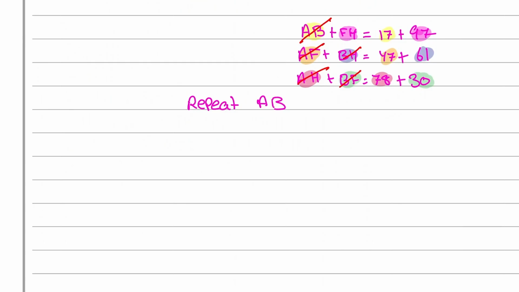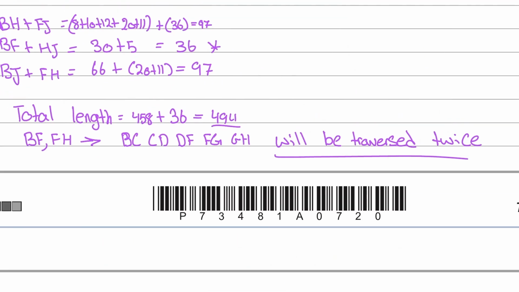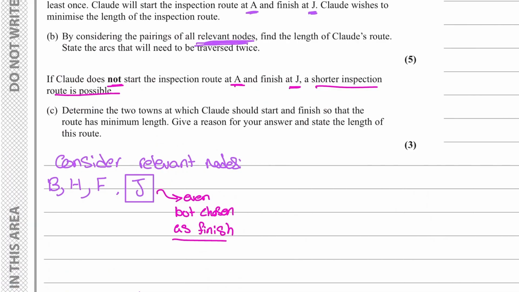We want to start and finish at either F or H. So does it ask us to find the length as well? Give a reason. Claude should start and finish, so that determines the two terms, give a reason, and state the length.